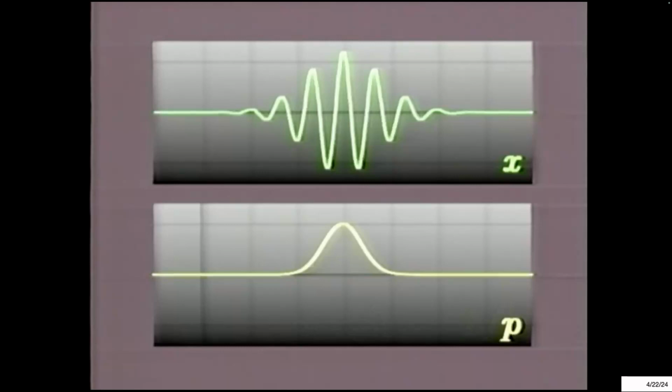There's a range of momenta that this thing has instead of a very definite momentum. So unlike a classical particle where we say it's right here and I know what its momentum is, a quantum system, something that has both wave and particle nature, we lose some definition on where it is and how fast it's going.